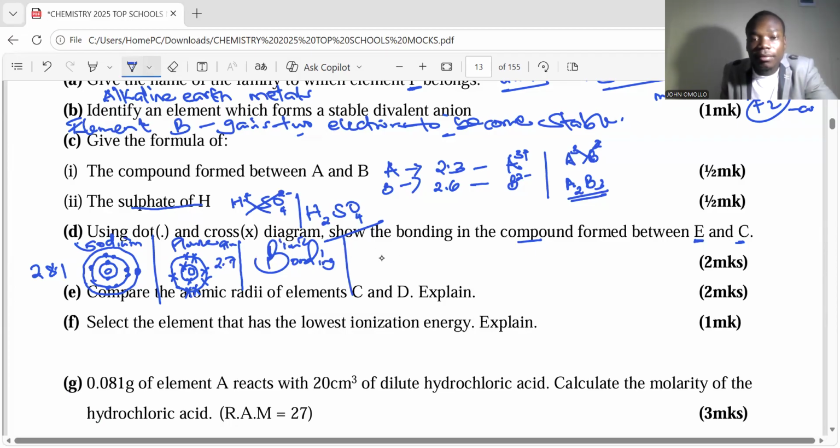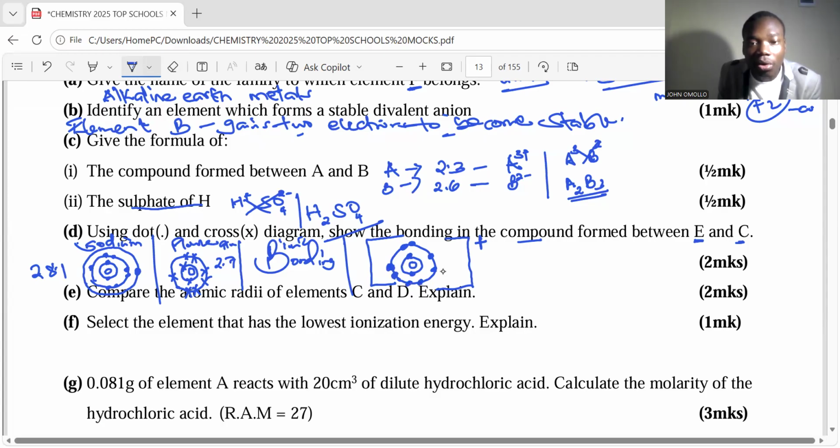Because sodium is going to lose 1, we're writing a plus there. So let's go. The nucleus, the first energy level with how many electrons? 2. And the second energy level with 1, 2, 3, 4, 5, 6, 7, 8.